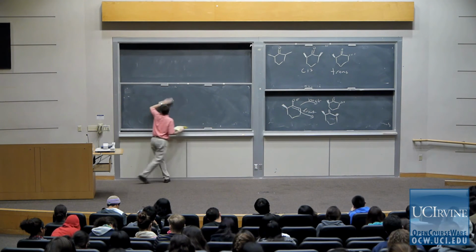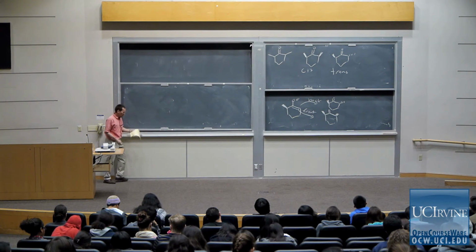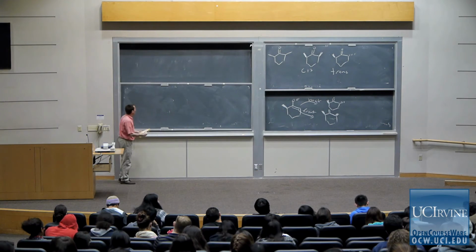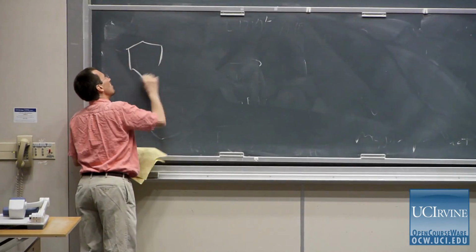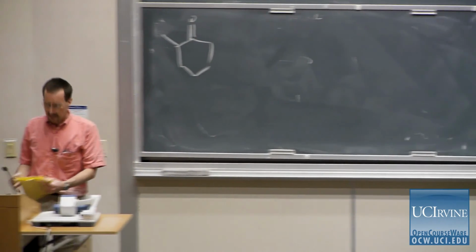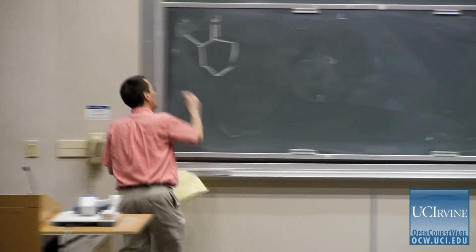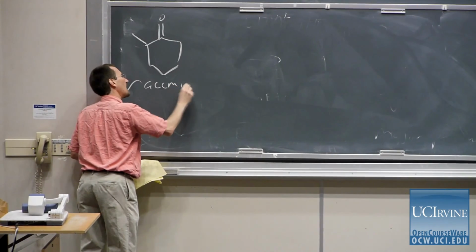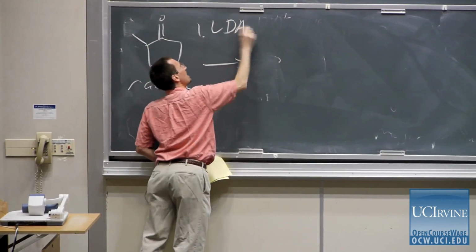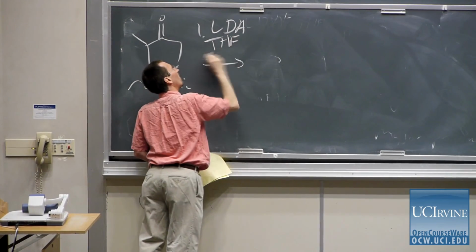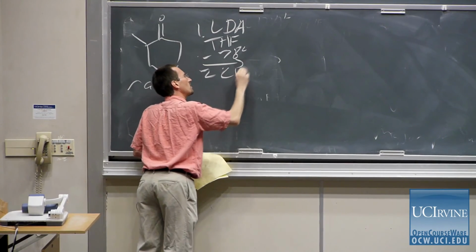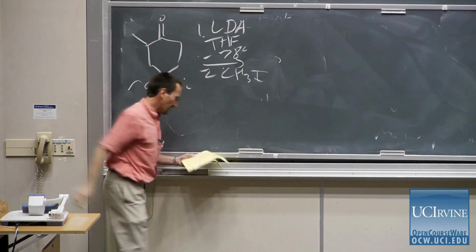And there's one more level of subtlety, and I'll show you that, and then that's going to wrap up today's lecture. So imagine for a moment I take this compound, and almost invariably it's going to be racemic if I haven't specified otherwise. And so I treat with LDA in THF at -78 degrees, and then I treat with methyl iodide, just as I've done.